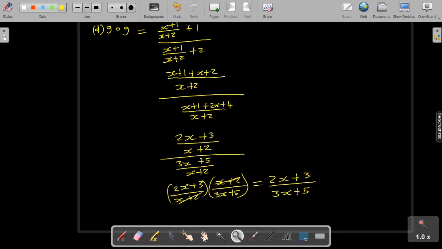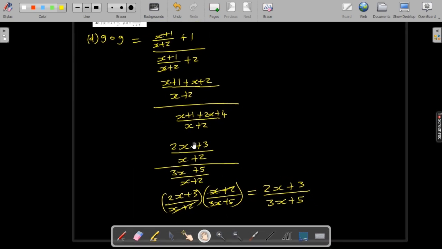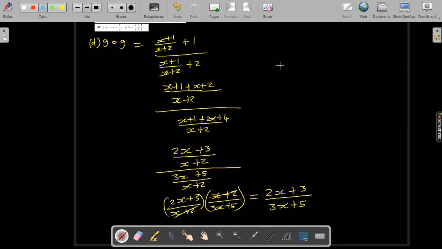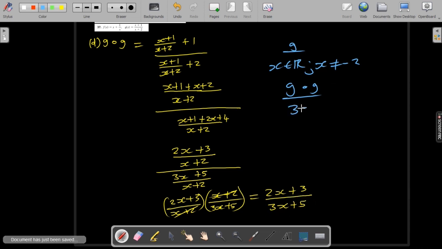Okay, so now we're ready to find the domains. The domain of g will be all x values as long as this, which is g, doesn't have a denominator of 0. That's if x is not equal to minus 2. Then the domain of g of g will be dependent on this. We don't want that to be 0. So we just have that, and it should not be 0.